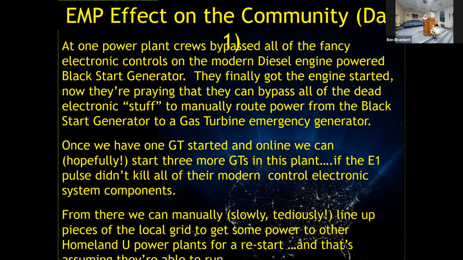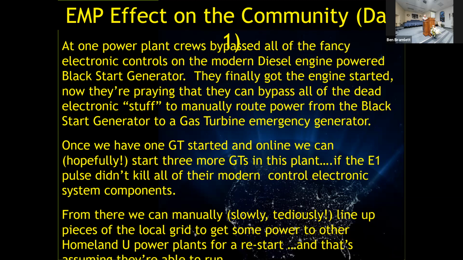Okay, I would predict that at Hometown U, the power plant crews are going to jump right in and they're going to bypass the electronic controls on our black start generator, which is like 2 locomotive engines back to back with a generator in the middle. And it's a monster generator that's big enough to start a power plant.